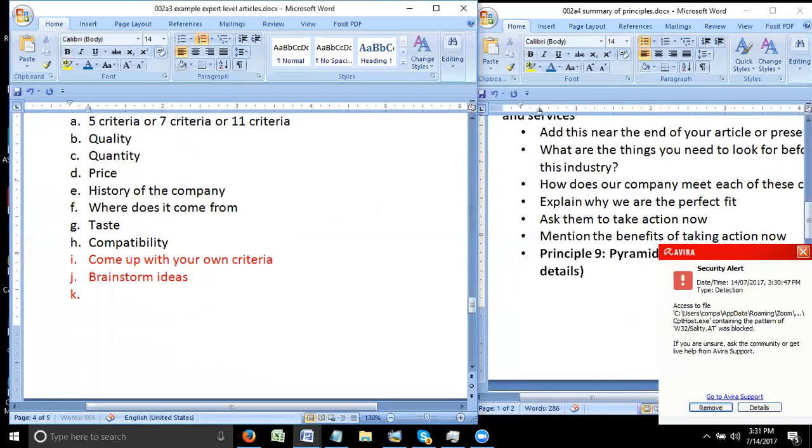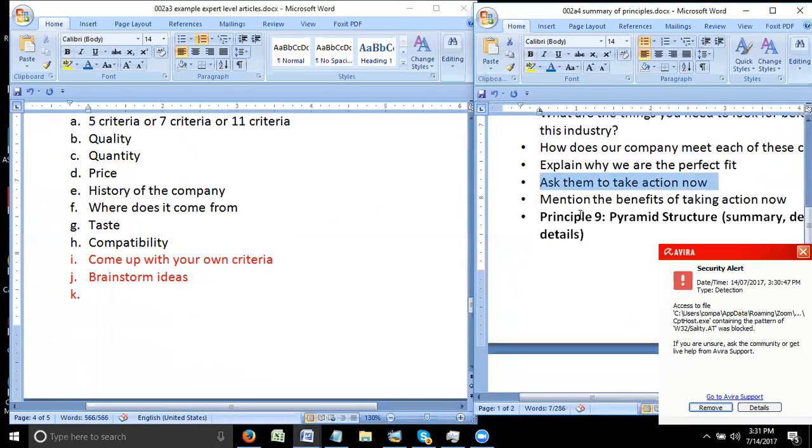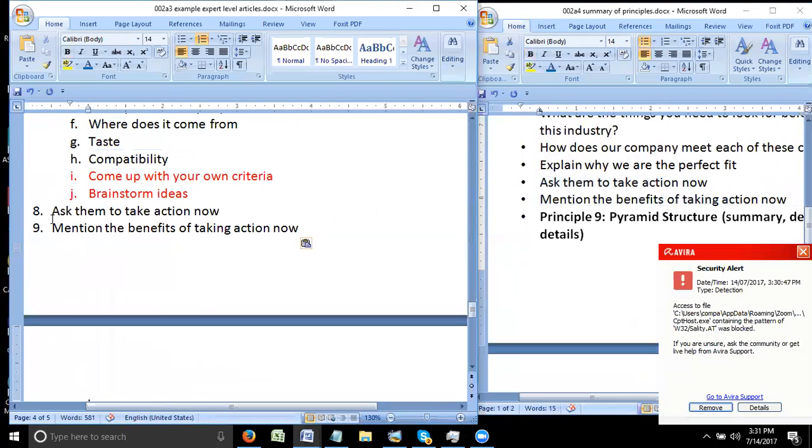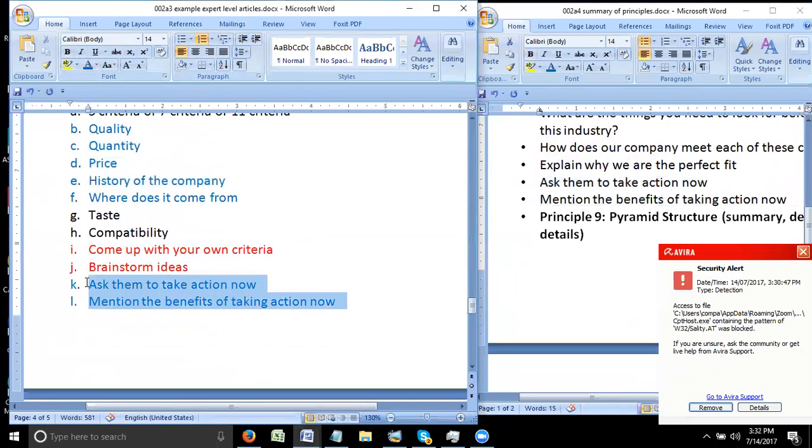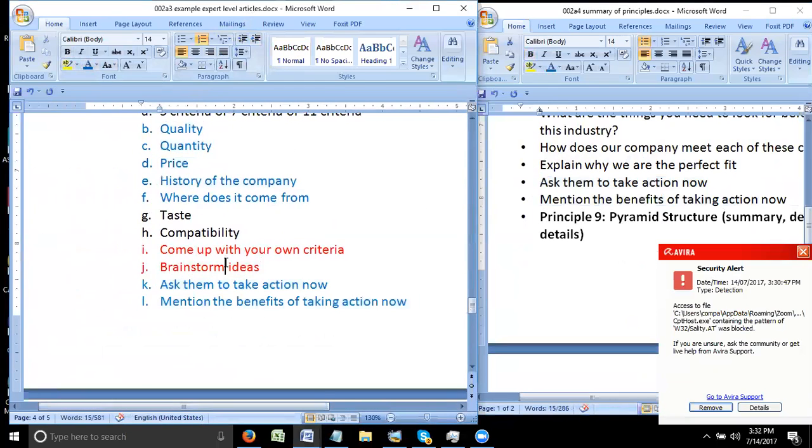So here at the end, we will add this: ask them to take action now and mention the benefits of taking action now. Let me just highlight it in blue. Okay, so these ones, you can use them in any industry.